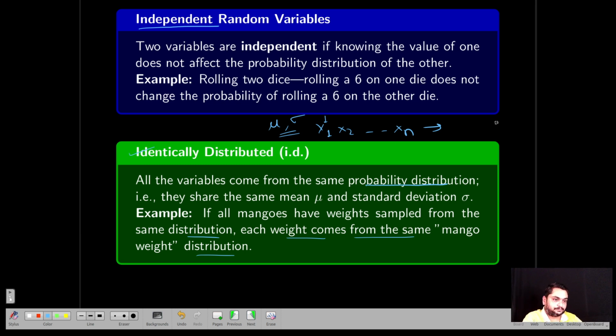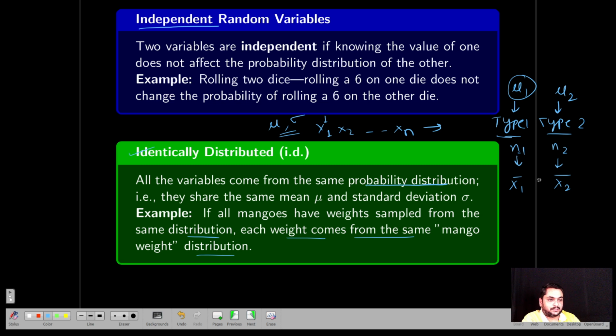Say I have type 1 mangoes and type 2 mangoes, and I want to find mu1 and mu2. From type 1 I will take n1 samples and calculate the sample mean x1 bar. From type 2 I will take n2 samples and calculate the sample mean x2 bar. Here mu1 is for the entire population of type 1.